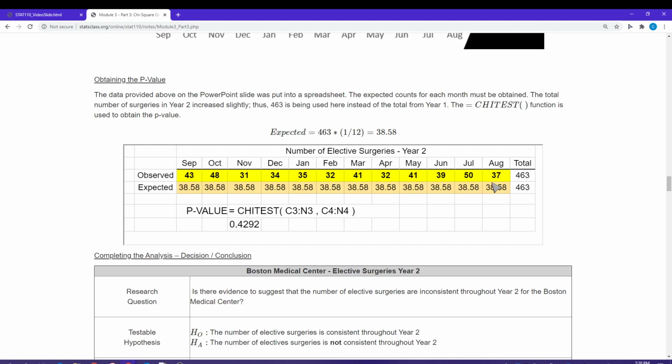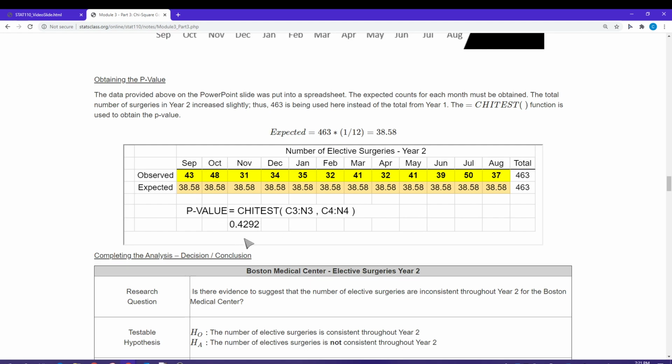I'm going to have a different total for this year, 463 surgeries. So that means I'm going to have a different expected quantity. You need to take 463 times that 1/12 for year 2. If the surgeries are occurring equally, then we should see about 38 or 39 each month, or technically 38.58 surgeries each month.